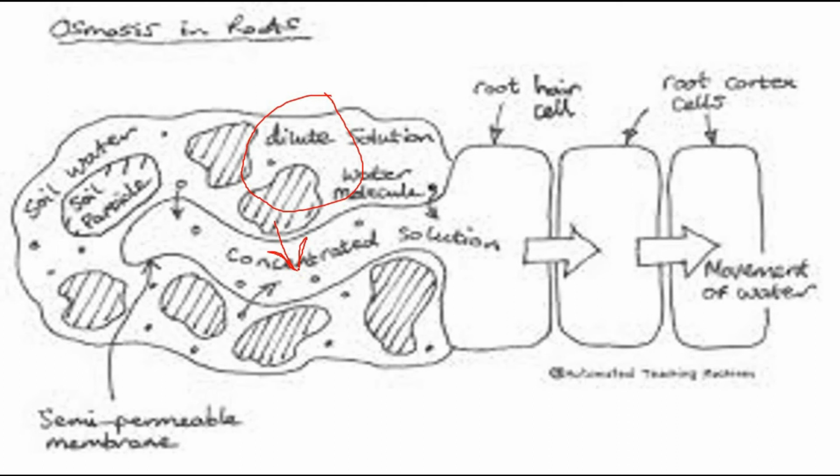Then it is moving through the semi-permeable membrane, which is inside of the root here, and then it is moving up the cortex and into the xylem.